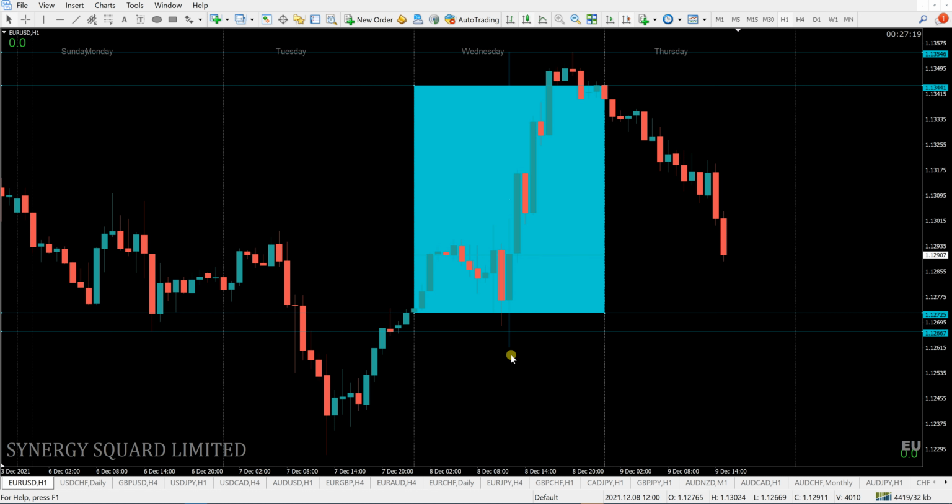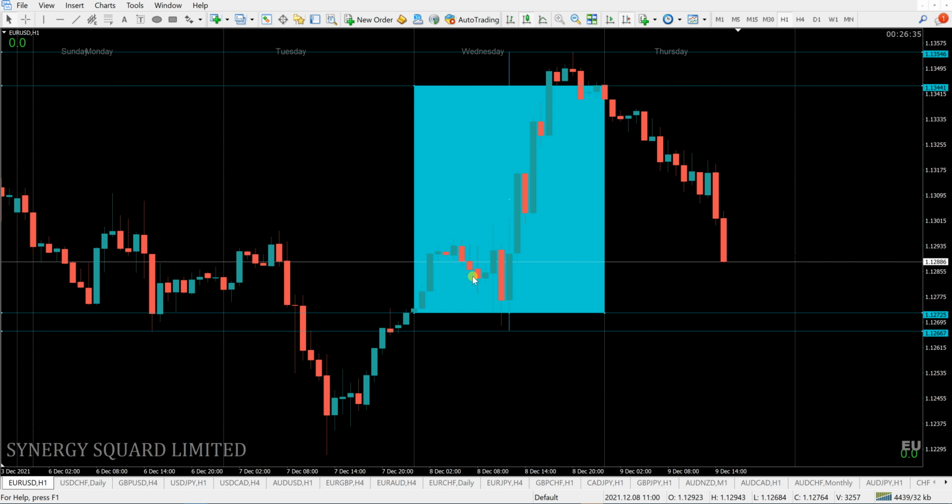Let us take another. All right, so this is how it will be. We'll have the open to the close as the body, and then the highest high and the lowest low as the wick.